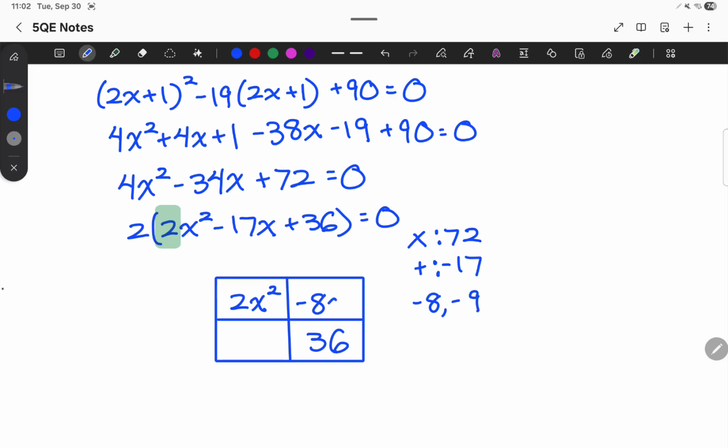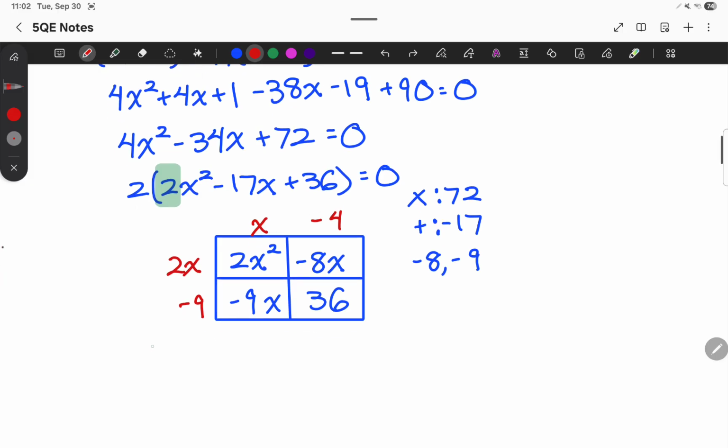We have a minus 8x and a minus 9x instead of the minus 17x. Okay, starting with our rows and finding our greatest common factor. The first one is 2x minus 9. For the first column, it's just going to be x and then minus 4. We have a negative sign in front of the first term, so I make it negative.